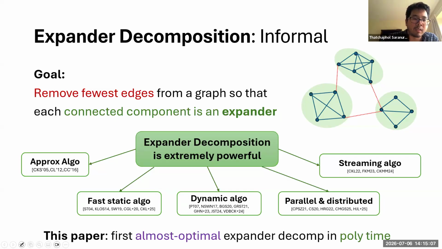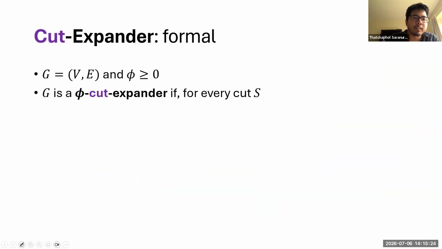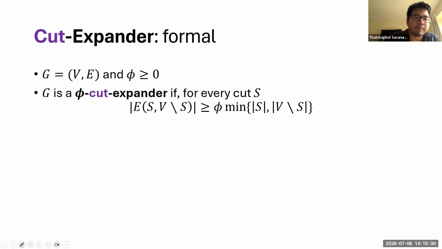Okay, so now the key object is the expander. Let me tell you what it is. There are two different notions, cut expander and flow expander. Let me start with cut expander. When you have a graph and some parameter phi, I say that this graph is a phi cut expander if for every cut S, the number of edges crossing this cut is at least phi times the smaller side of the cut.